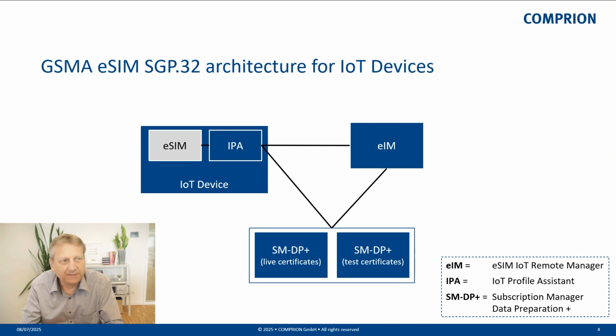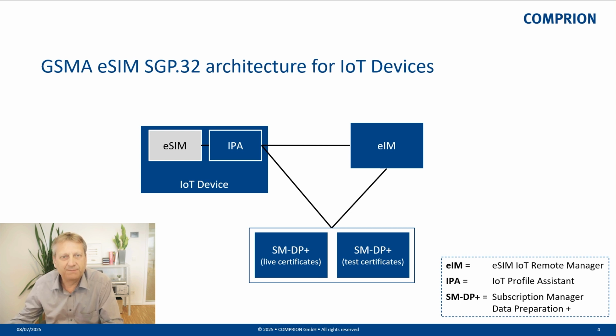So it's about the IoT device itself, but also then about the IPA, the IoT Profile Assistant, which can be emulated. So all these components can be emulated, which means if you develop one component as a product, you can choose the other components to set up an end-to-end development and test environment.